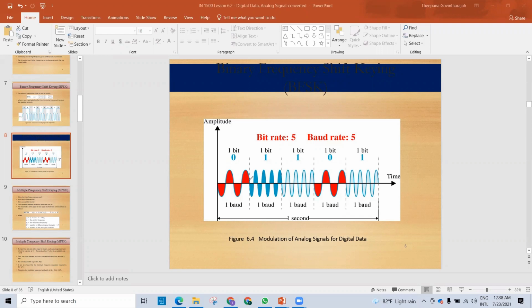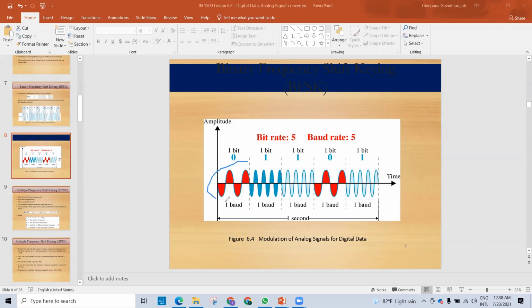And baud rate is how many signals are transferred in 1 second. Here, in BFSK, 1 bit is represented by one kind of waveform.